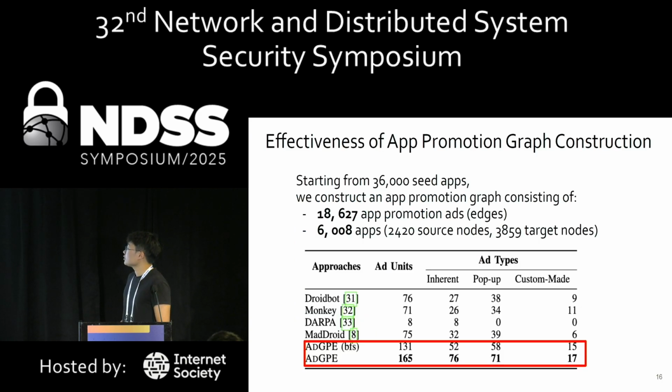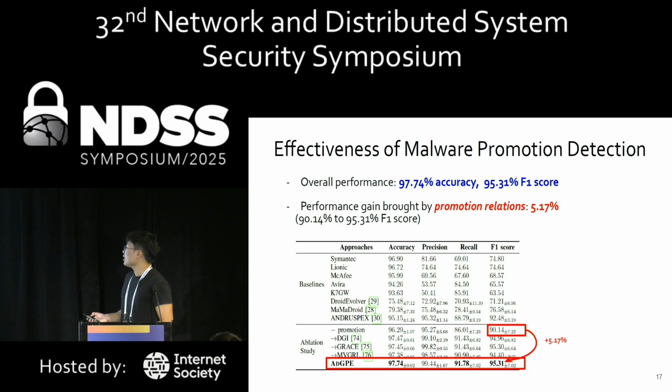Starting from 36,000 seed apps, we constructed an app promotion graph consisting of 18,000 ads, which are edges, and 6,000 apps, which are nodes. The results also show that our approach beats other techniques in constructing the app promotion graph. For malware detection, we reached an overall accuracy of 97.74% and a 95.31% F1 score. Interestingly, by including the promotion relations, our approach achieved a performance gain of 5.17% in F1 score.